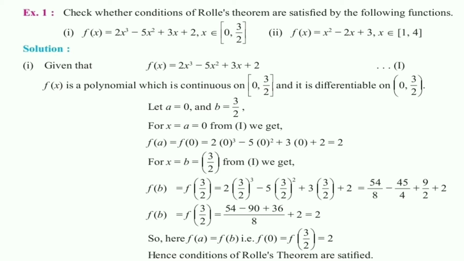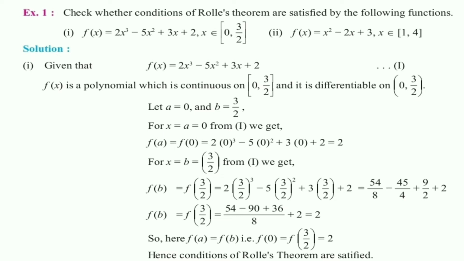equals 2 into (3/2) whole cube minus 5 into (3/2) whole square plus 3 into 3/2 plus 2, which is equal to 54/8 minus 45/4 plus 9/2 plus 2.